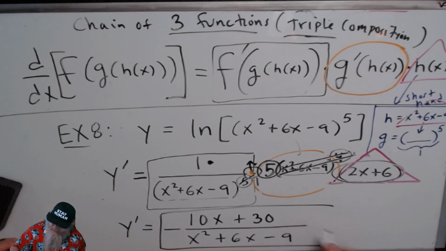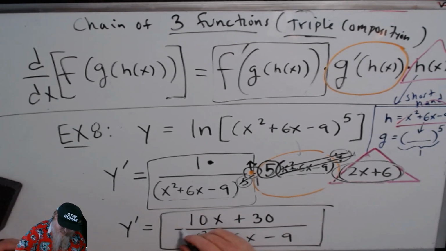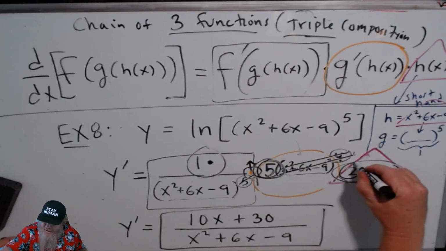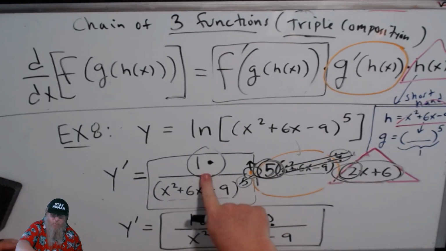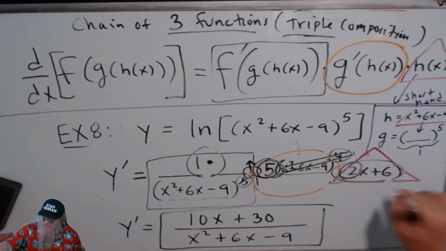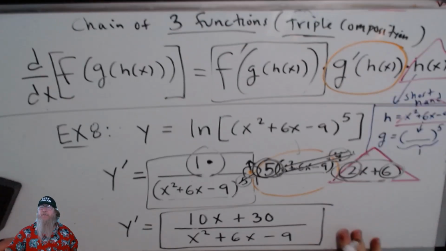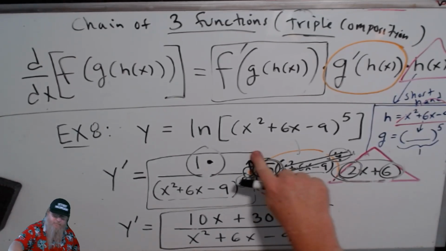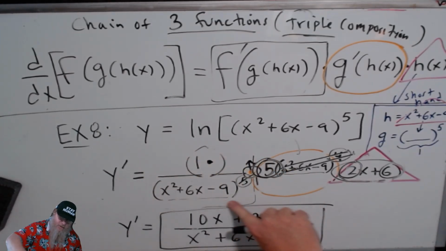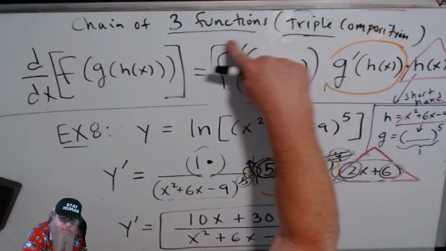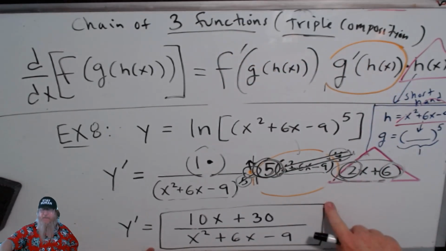And that's your final answer. 1 times 5 times 2 is 10. 1 times 5 times 6 is 30. And the sign is plus. So that's your final answer. Probably shouldn't have boxed that. That's just showing you one piece of the answer. This is the final answer.